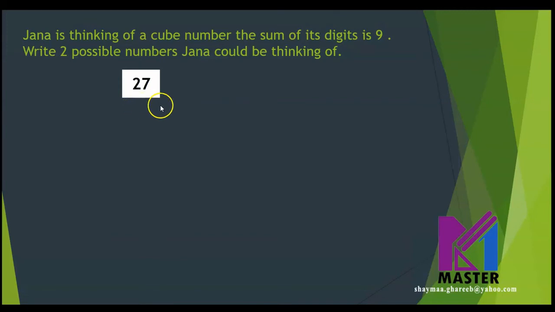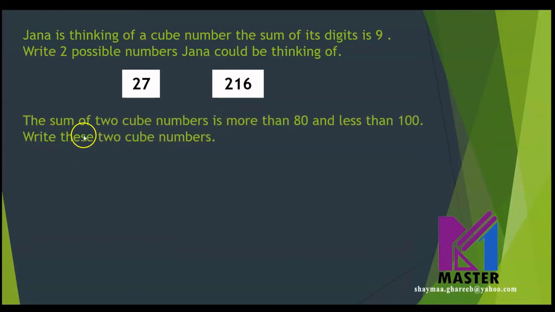Excellent, it's 27. 2 plus 7 equals 9. And also, we have 216. It's also a cube number. And the sum of the digits, 2 plus 1, 3, 3 plus 6, 9.